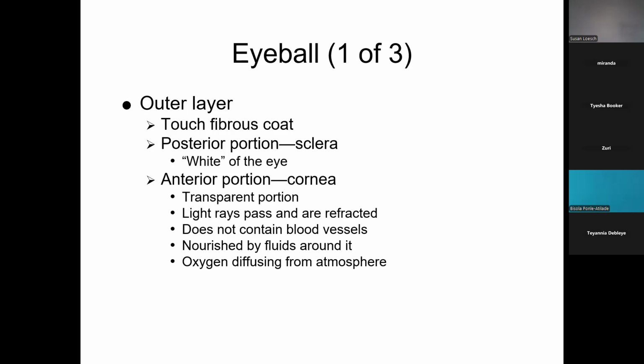It gets nourishment from the fluids that are around it, and it gets oxygen from the atmosphere. So if someone wears contact lenses all the time, it can prevent that oxygen from entering the eye. This is why contact lenses have to come out, amongst other reasons. This is one of the main reasons, because it can affect the ability of the eye to get oxygen.